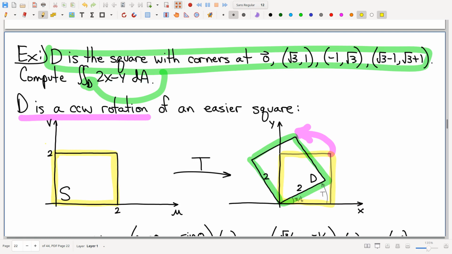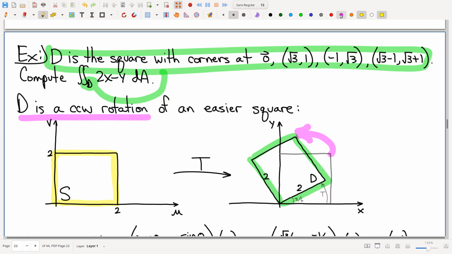So, in fact, let me get rid of the yellow on the right here. So what we have here is that my green square is a counterclockwise rotation of this easier square that I have on the left. Everybody on board?